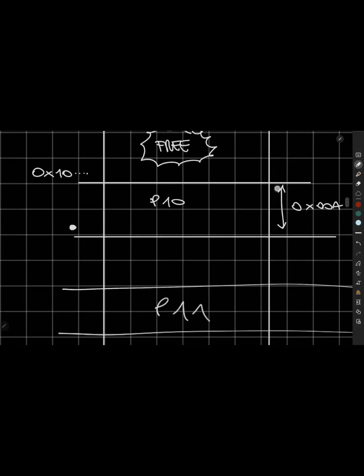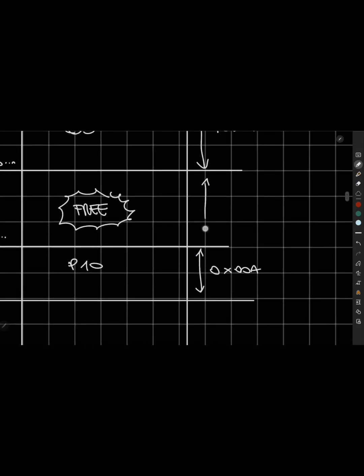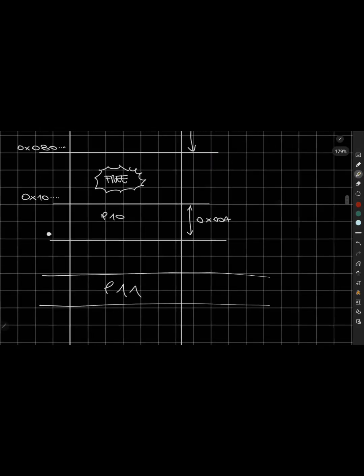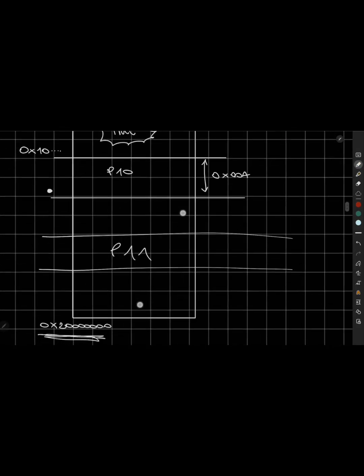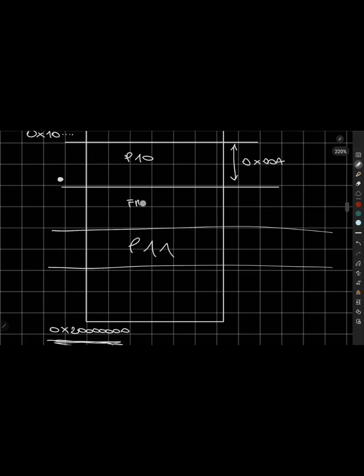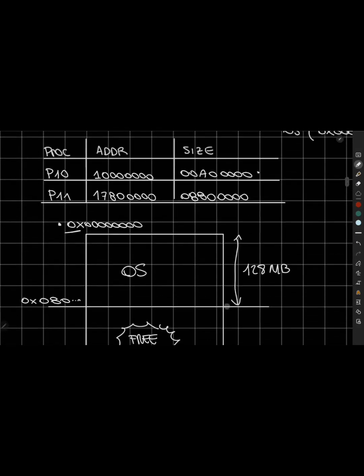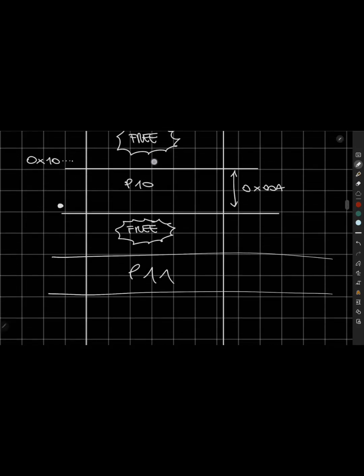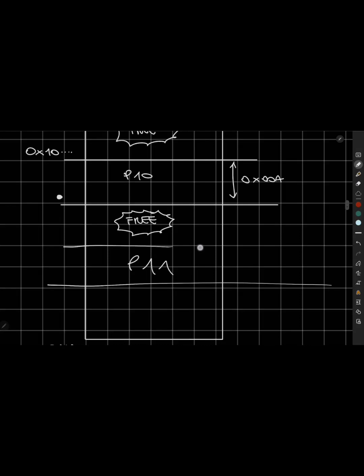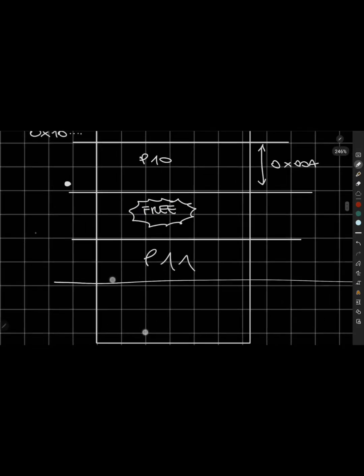Okay, we want to know the size of it, so it's the very first thing that we're going to calculate. And then here we will have another possibly free block, since the address of P11, which is here, let's suppose, 0178 and so on.